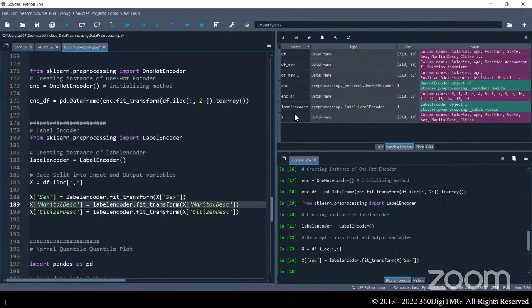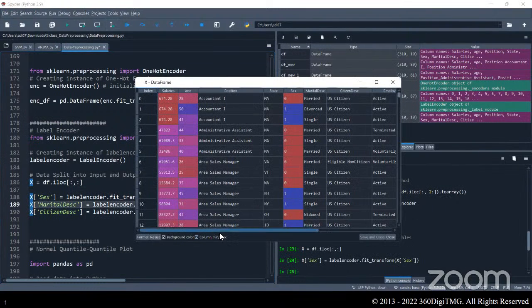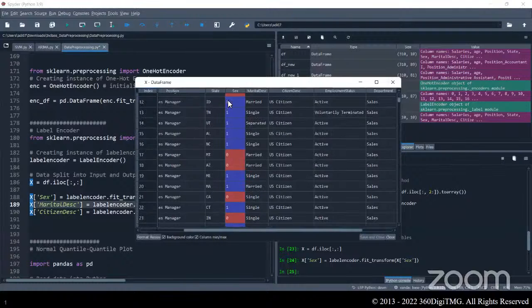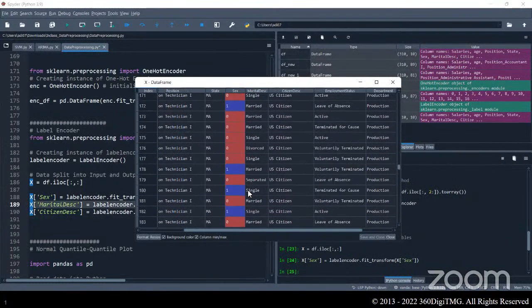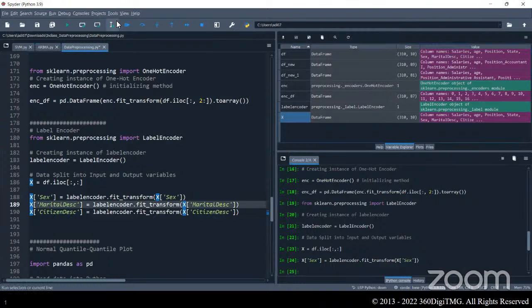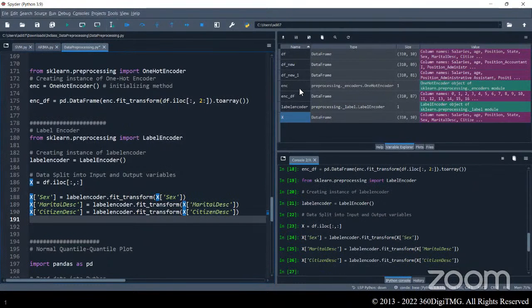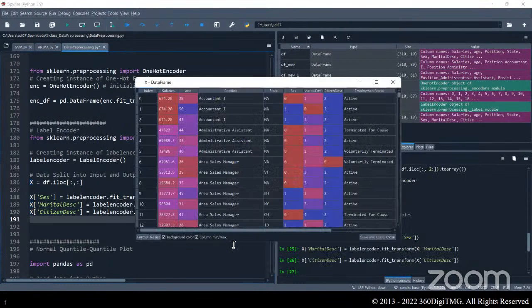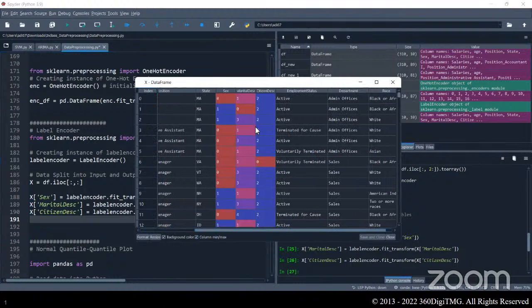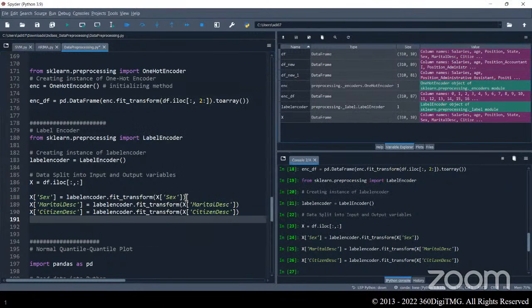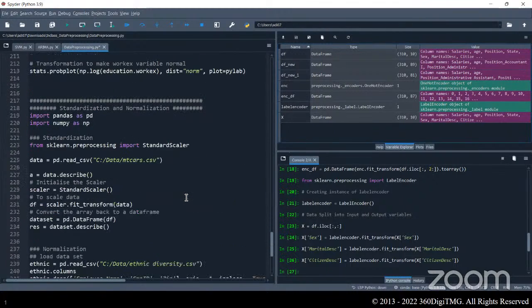So here if we look at sex now, it has been converted into zeros and ones, males and females to zeros and ones. Same thing we can do for marital description and citizen description. So again, it has been converted into numerical values.